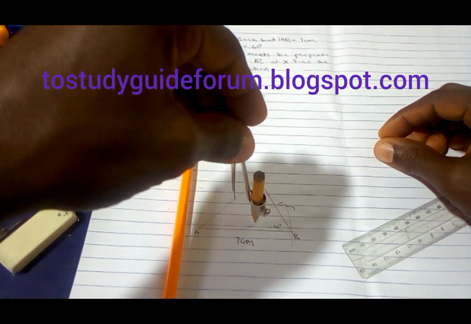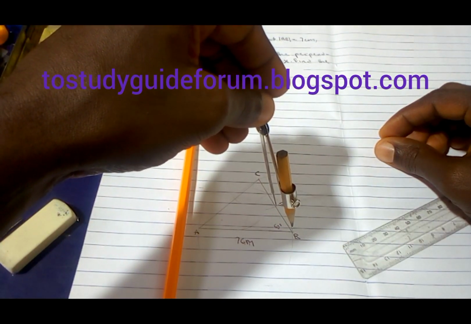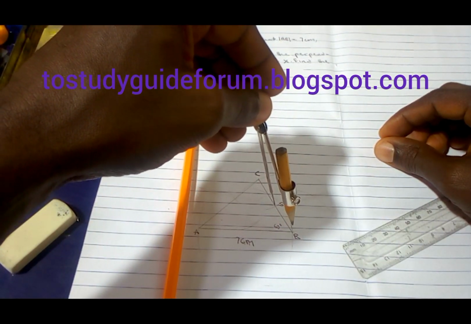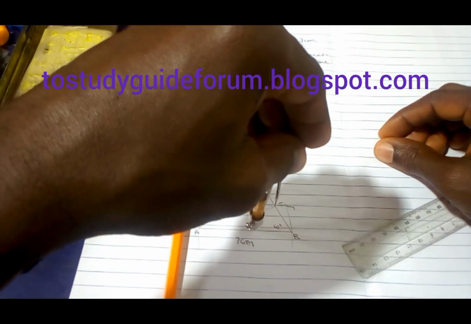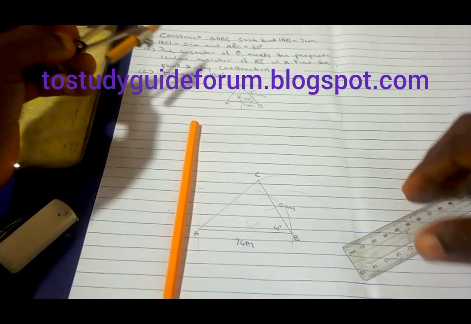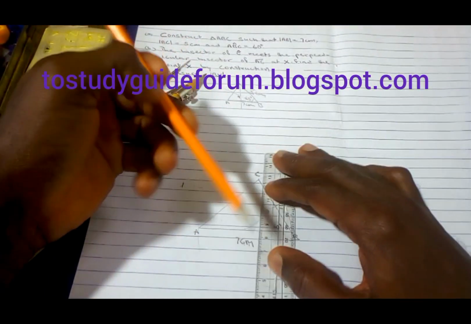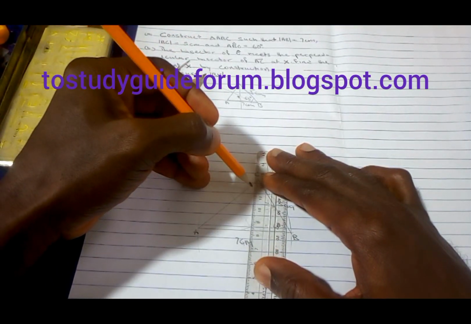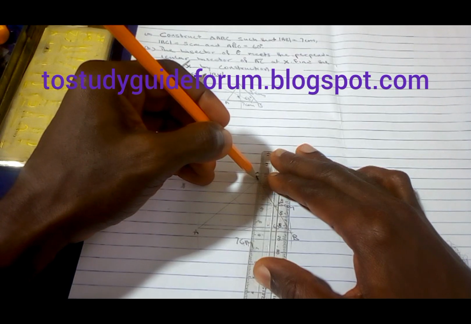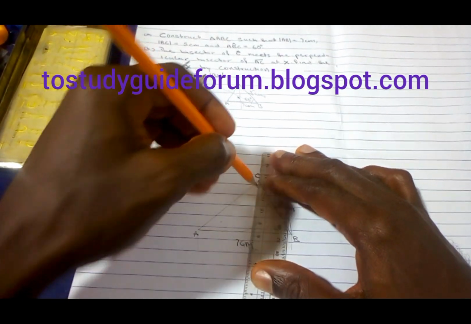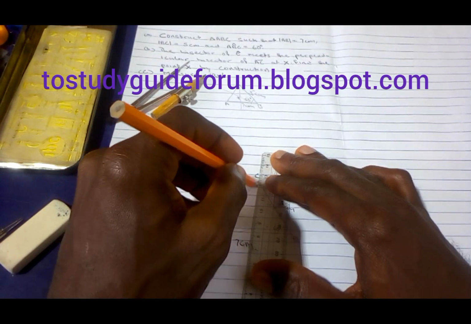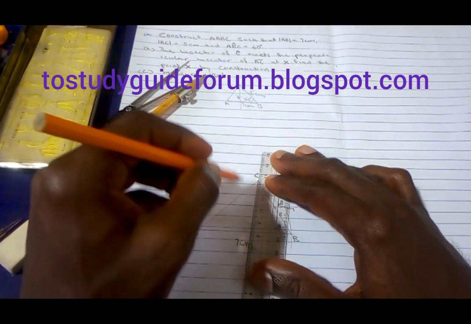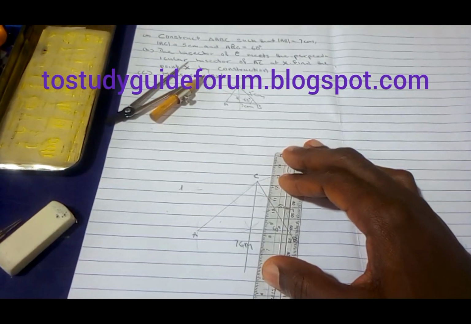From the right side again, from the point of intersection of that arc, we'll make another arc. So we can then draw the line. Join the line. Now from the point of intersection of this, we draw the straight line. We have bisected C. That is what we have done now.